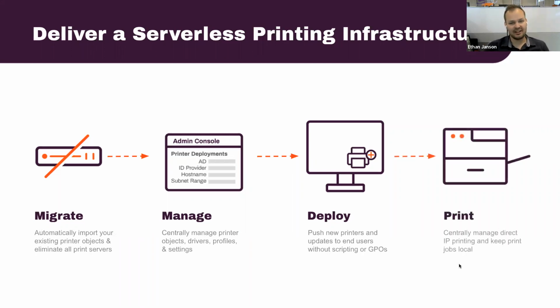And then finally, printing. This is the easiest thing. We're not changing the way people print. We're not introducing a new process for them. They still just like normal, go into the corner, click on print, and choose their printer like they're used to, and everything works. With that being said, you still control some of those things.